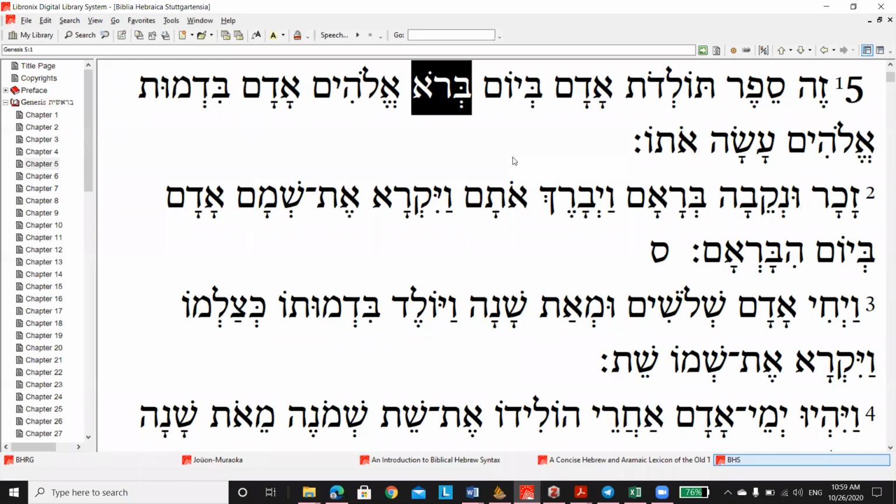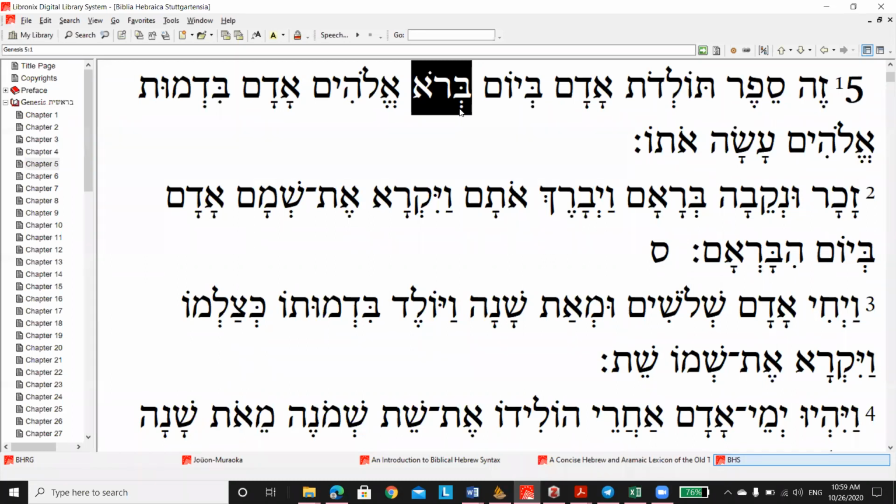The prefix. No prefix here. The form of the vowel. Yes, Shiva under the first consonant of the verb will tell you that it is either infinitive or imperative. But because imperative doesn't make sense here, we can say that this is infinitive.